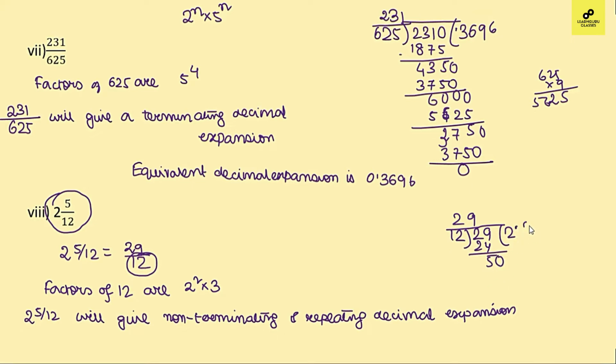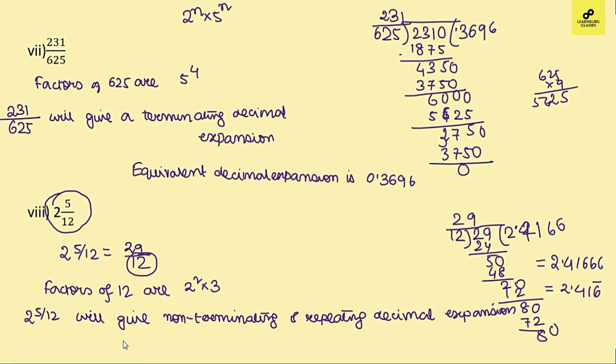So 12 4s are 48, it comes out to be 2. 12 1s are 12, okay, it comes out to be 8. So 12 6s are 72, again 8. So here you see that 6 is being repeated. So 2.41666. So this can be written as 2.416 bar.